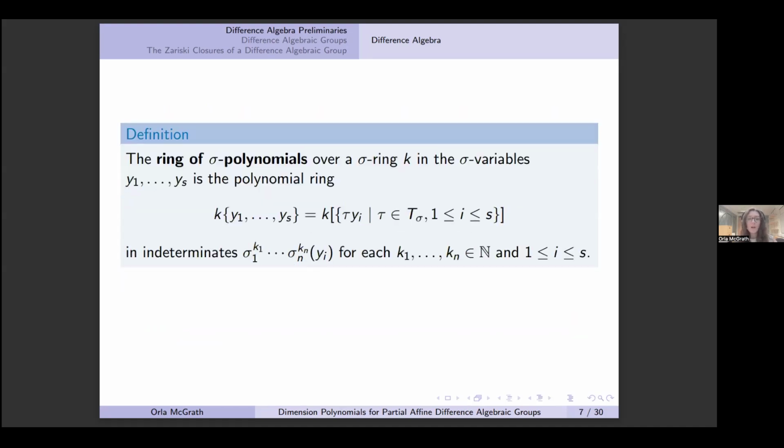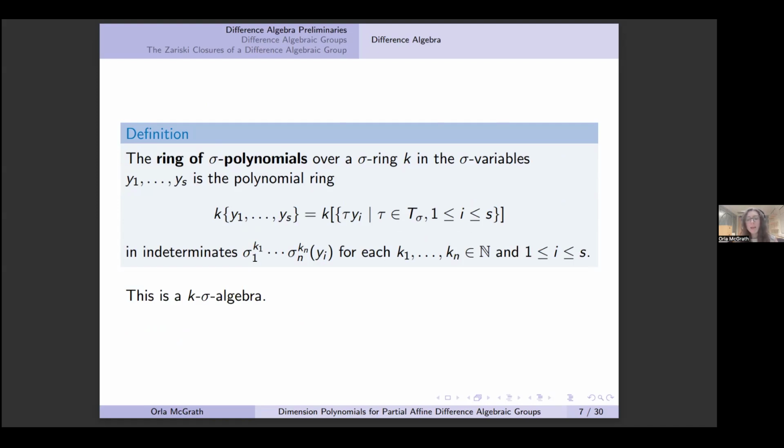So a difference polynomial is a polynomial not just in the indeterminates y1 to ys, but in the indeterminates where we have each transform of these. So we have a polynomial ring in infinitely many variables. And this is naturally, of course, a K algebra, and then it has a natural difference structure.